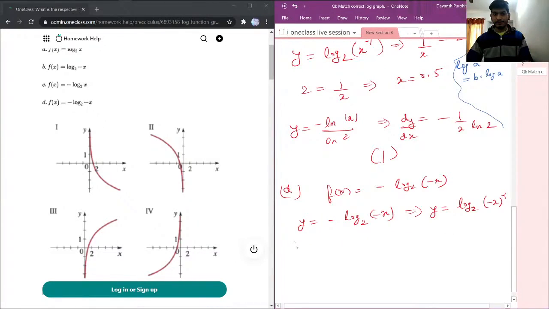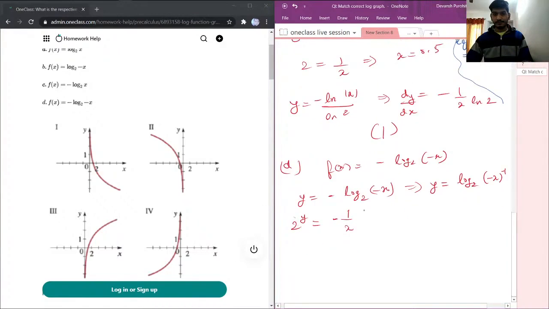Now I will take anti-log. So 2 power y will be equal to negative x power minus 1, which is negative 1 over x. I'll just put the value of y as 1. So this will be negative of 1 over x, so x will be negative 0.5.